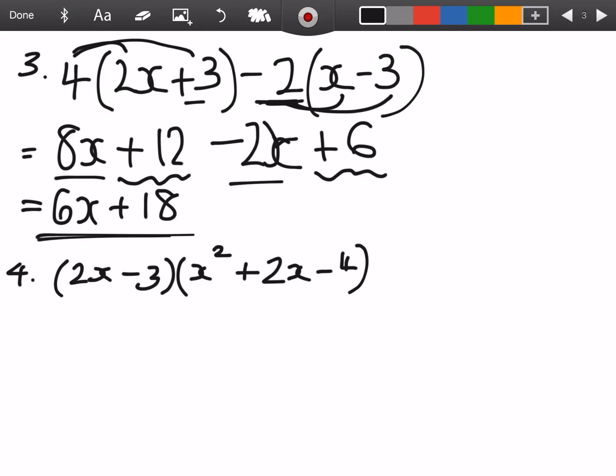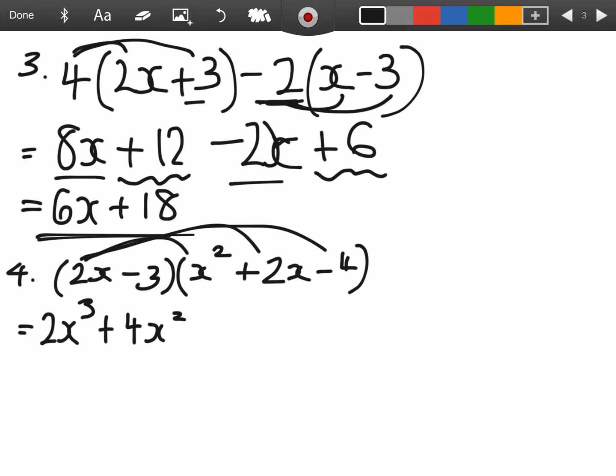Okay, so what happens here is the 2x gets multiplied by all the terms in the second bracket. 2x times x squared gives us 2x cubed. 2x times another 2x in the middle, 4x squared. 2x times negative 4, negative 8x.